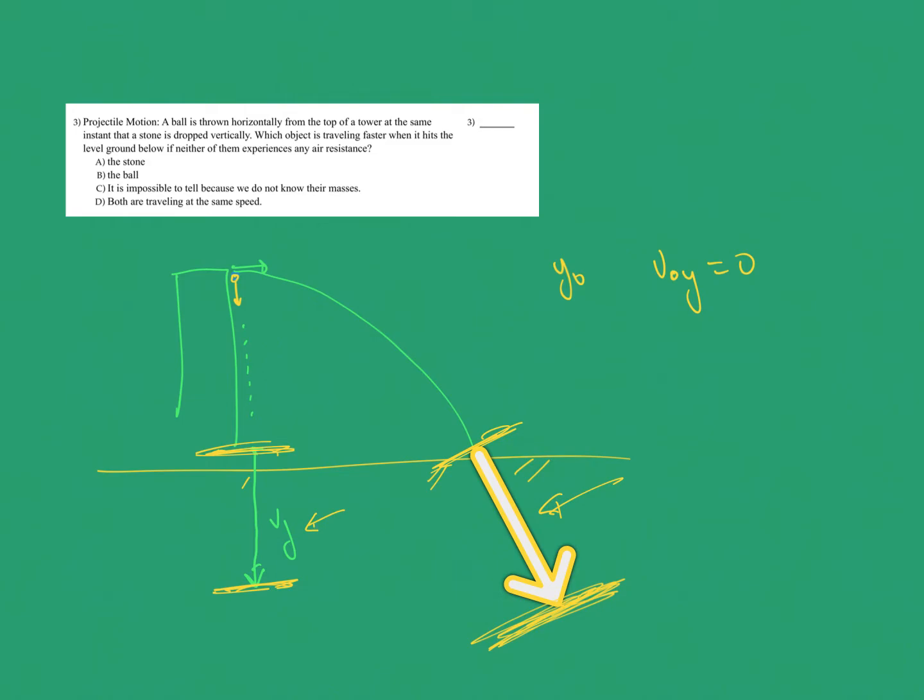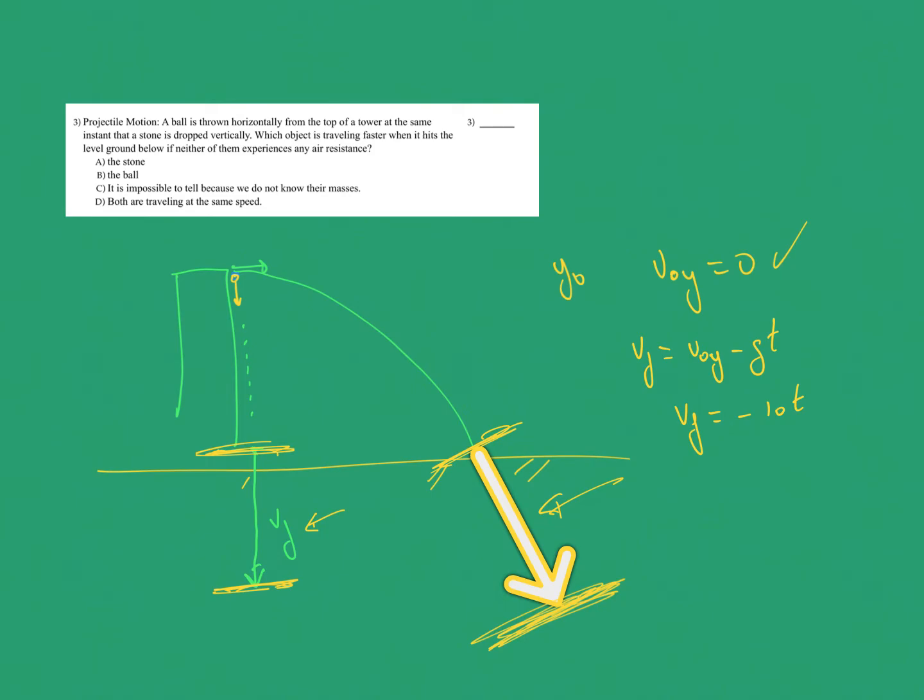Why? For the stone that is being launched vertically downwards with initial velocity 0, v final is v0y minus g t, so v final is minus g t, because v0y is 0.